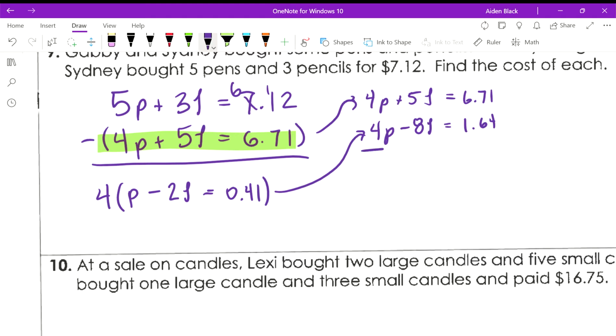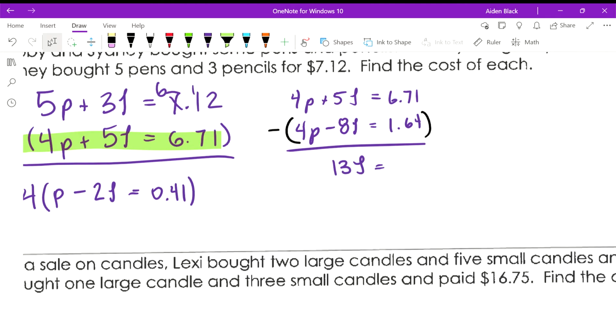Okay. Now that these both have the same coefficient, as you can see here, I can subtract this one from the one above it. And what do I get? 4p minus 4p, 0. 5l, or pencils, minus negative 8 pencils would be 13 pencils.